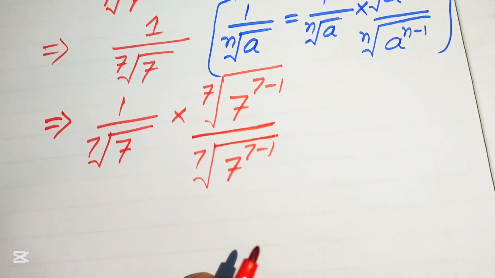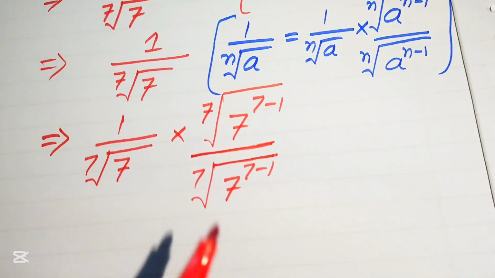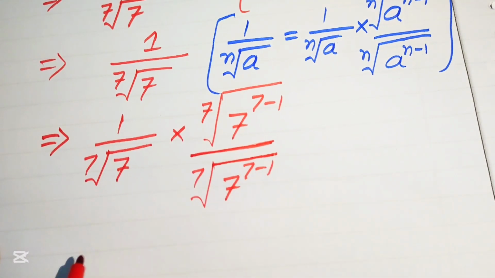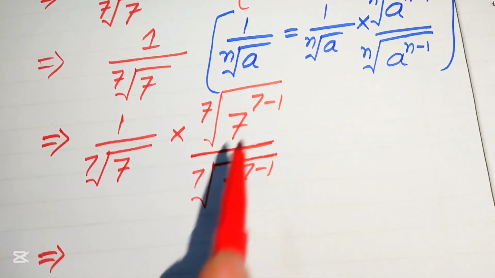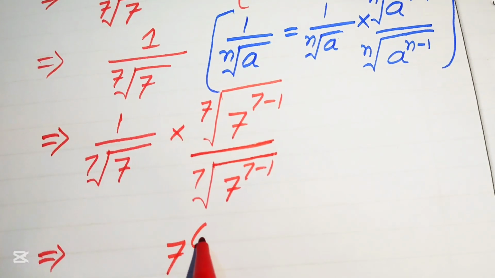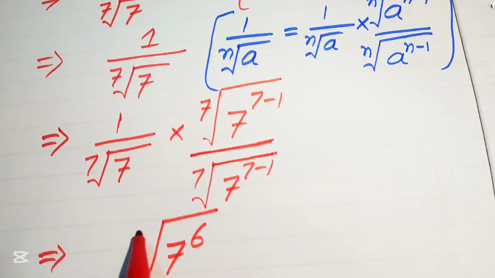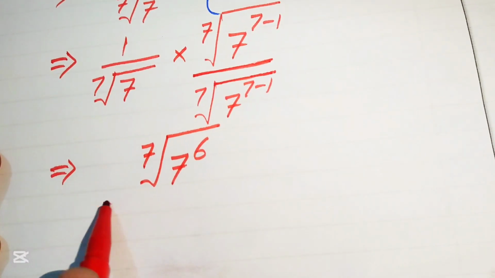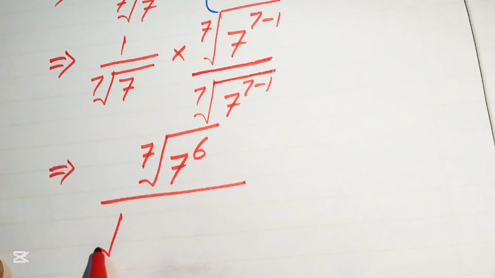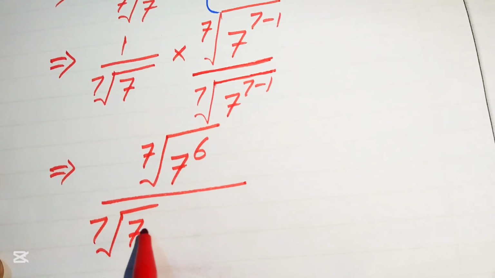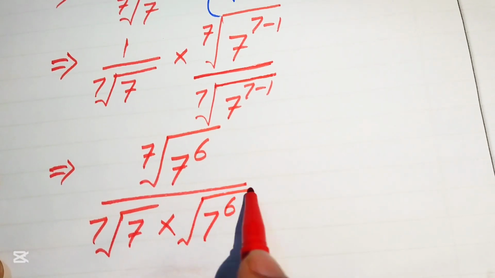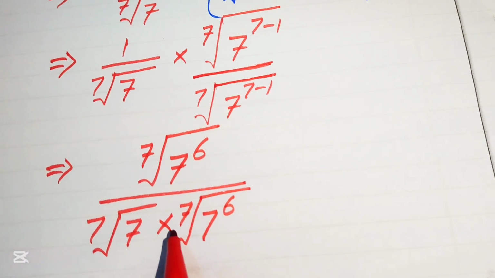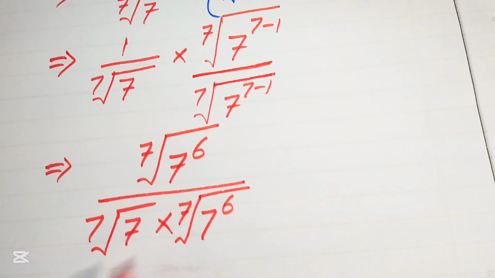Here we use the above radical law, and we need some simplifications. 7 to the power of 7 minus 1 equals 7 to the power of 6 under the 7th root, and in the denominator we have the 7th root of 7 multiplied by the 7th root of 7 to the power of 6.